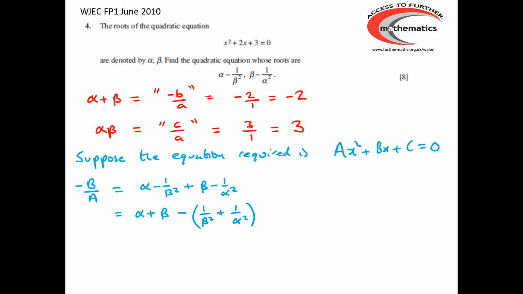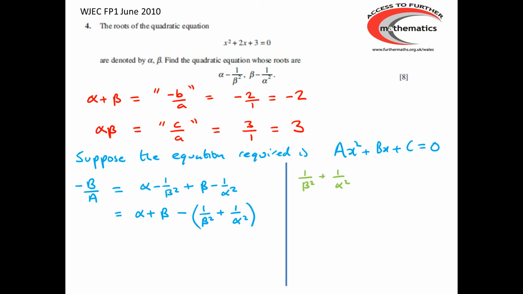We've got minus B over A must be alpha plus beta, take away 1 over beta squared plus 1 over alpha squared. Well, you already know the value of alpha plus beta is minus 2, so I'm not going to worry about that bit at all. We need to have a think, though, about what we can say about the value of 1 over beta squared plus 1 over alpha squared.